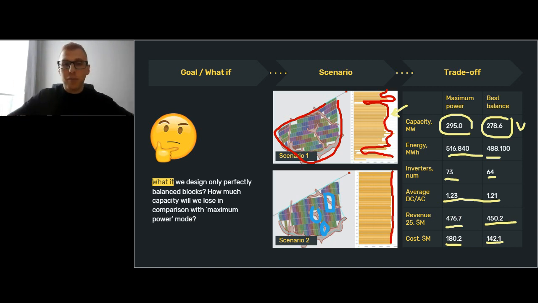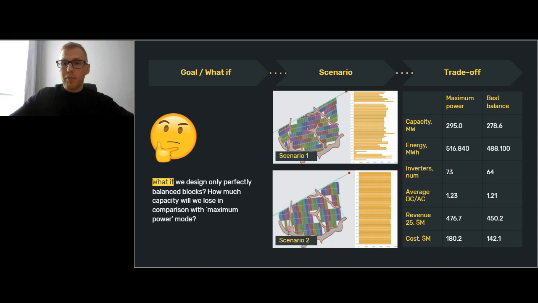So you see that the best balance option can be the best one from a construction cost perspective, but obviously it will work only if those numbers about capacity and energy work out in the spreadsheet or financial model from the developer. So again, the same story, the same feedback loop, internal then external.